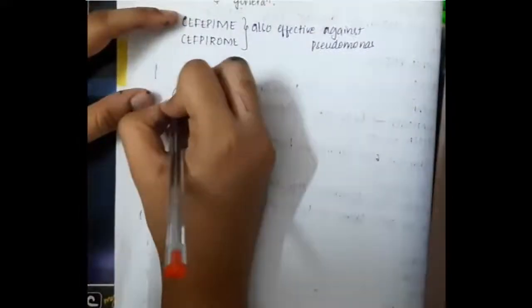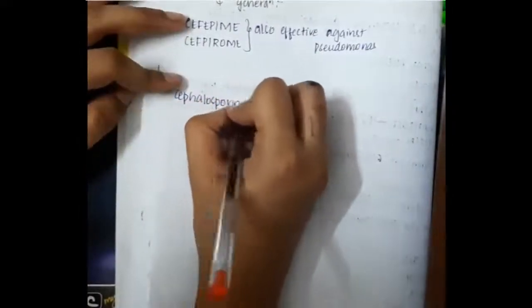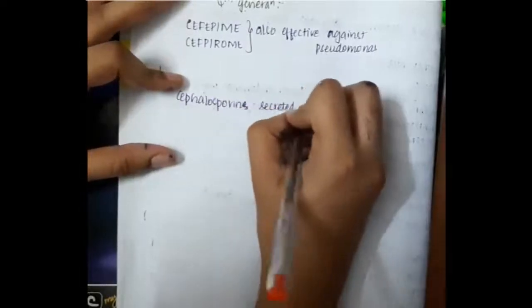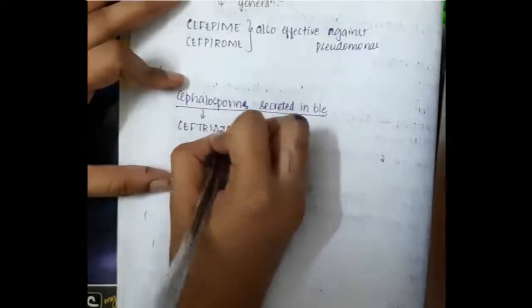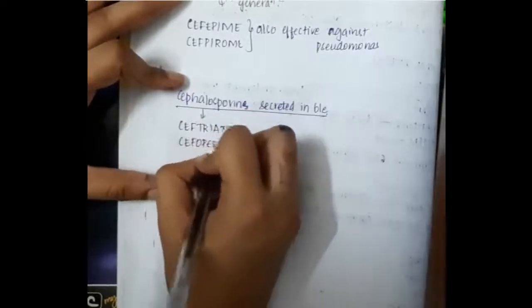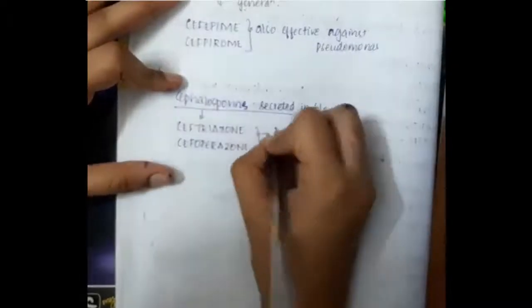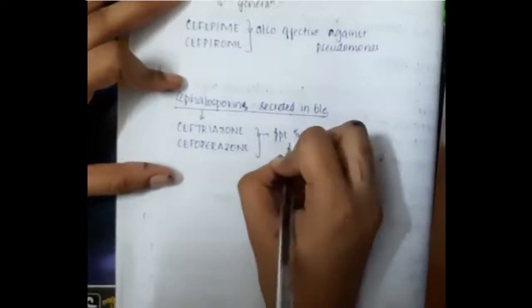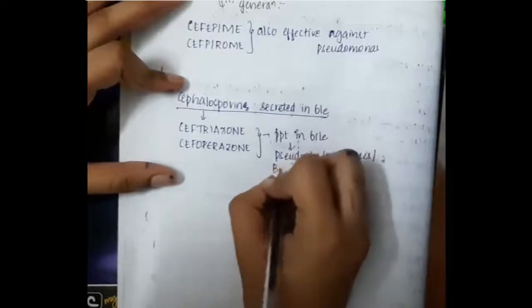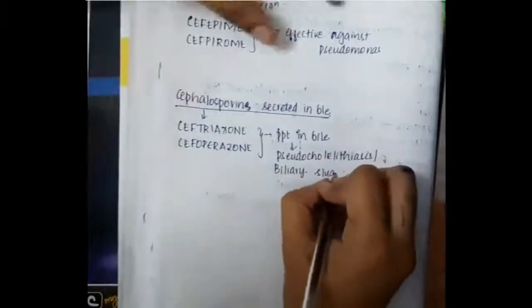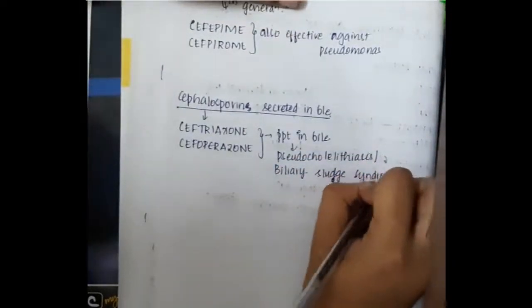Right? Next we have the cephalosporins which are secreted in the bile. These include ceftriaxone and cefoperazone. They are precipitated in the bile and cause pseudocholelithiasis or biliary sludge syndrome.